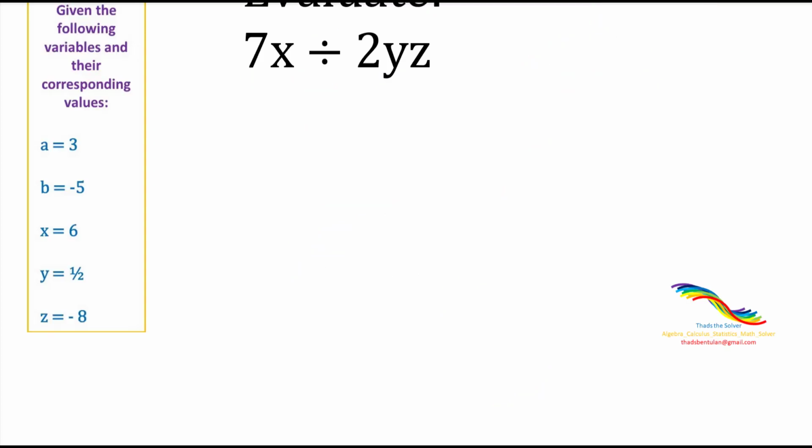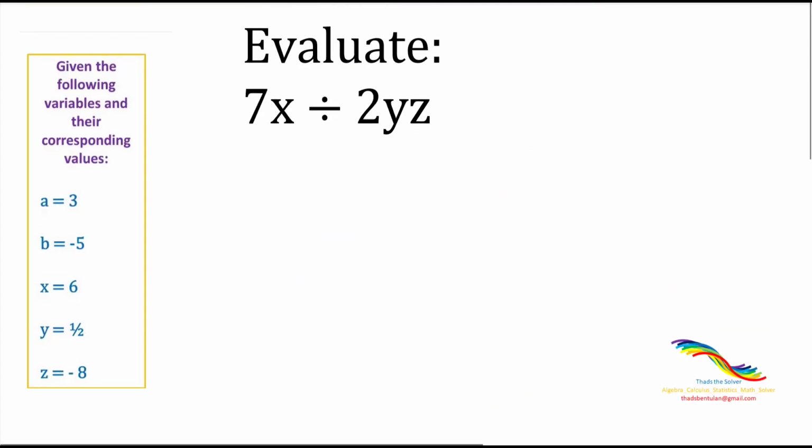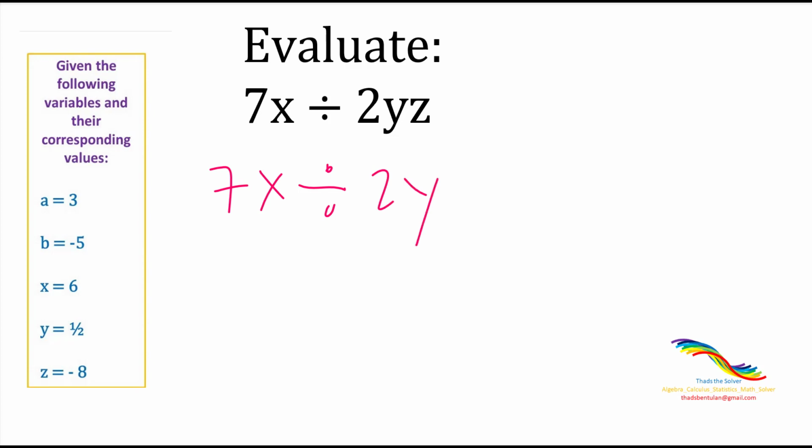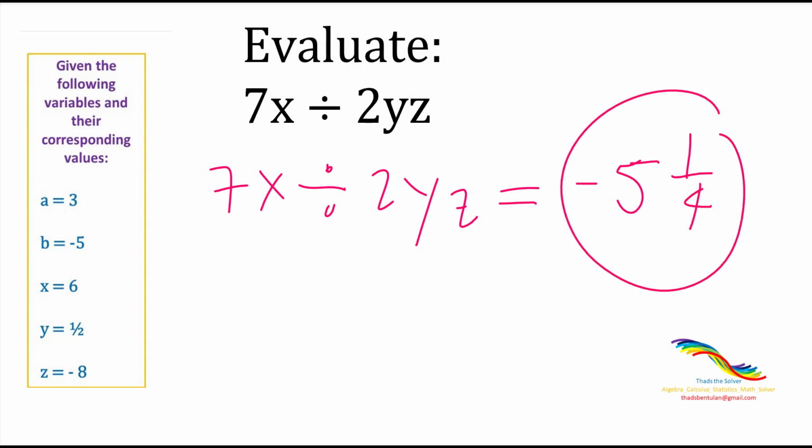So going back to the original problem, 7x divided by 2yz. The answer for that one is negative 5 and 1/4. Okay, that's the answer there.